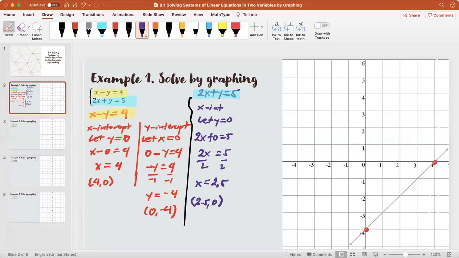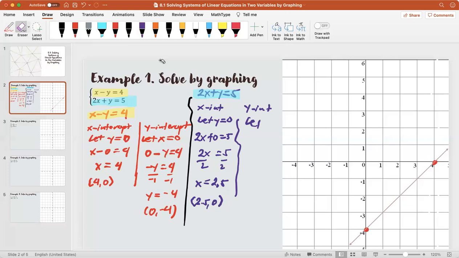How about your y-intercept? Here we let x, not x, we let y be 0. Oh my goodness, it should be x. What am I doing? We already did that a while ago, right?